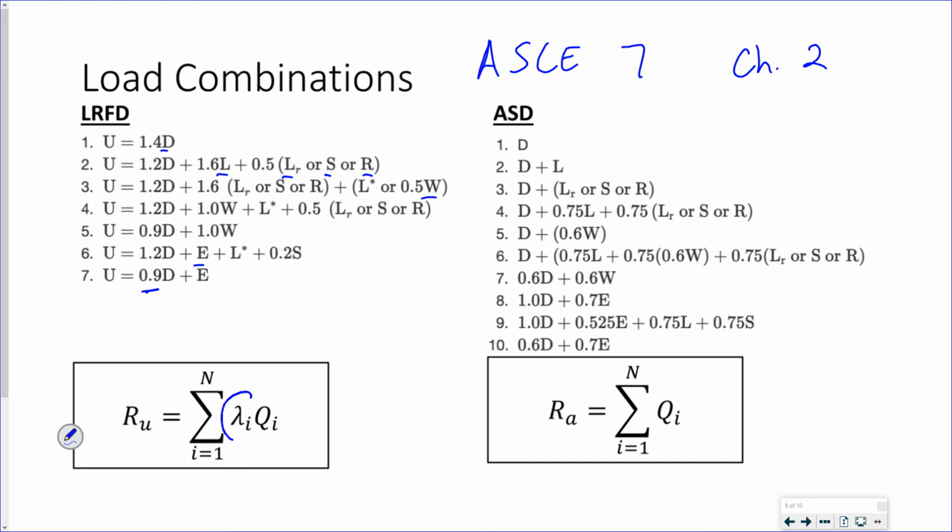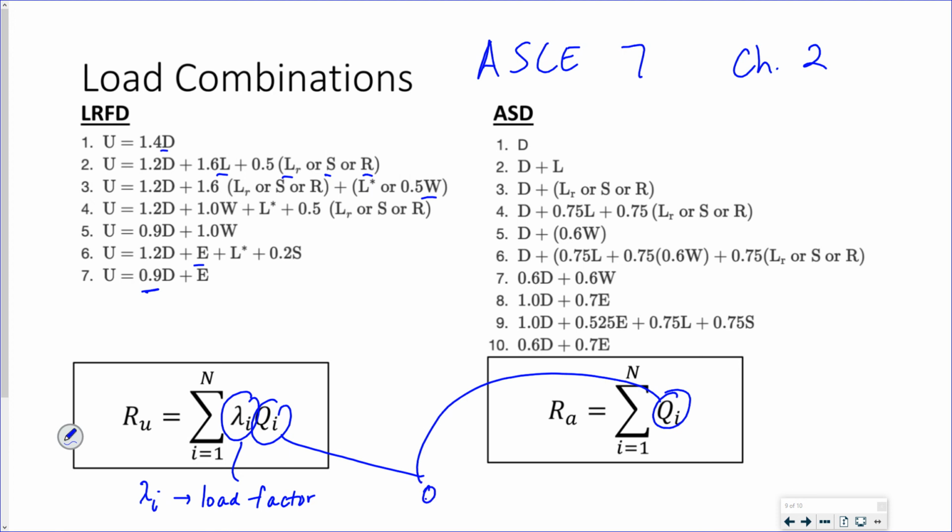So for LRFD, we have this load factor lambda. And then for both of them, you have this Qi. For each combination, we have N service loads.